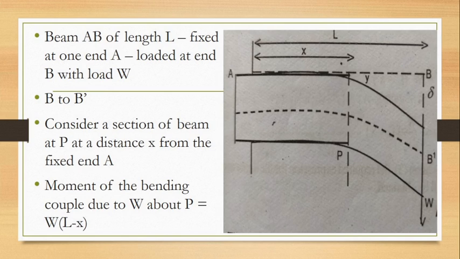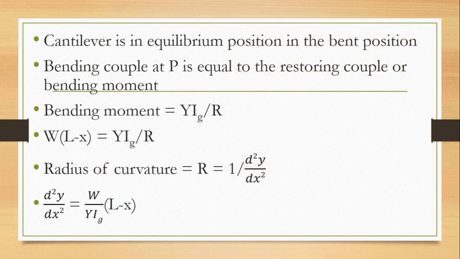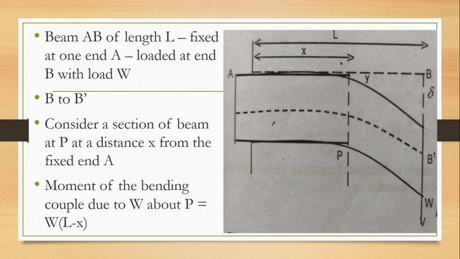So we are going to calculate this depression of the cantilever. We had equated the bending moment with the moment of the bending couple. Now the radius of curvature is given by 1 by d square y by dx square. You can see y and x in the figure.